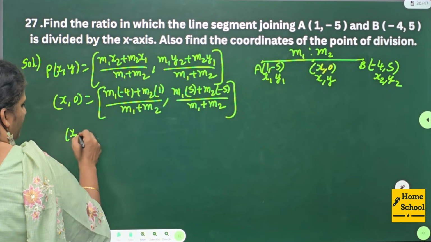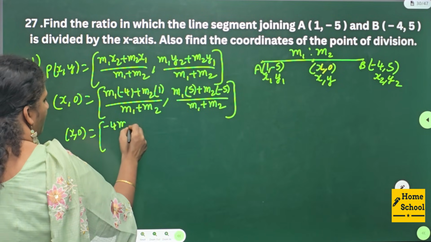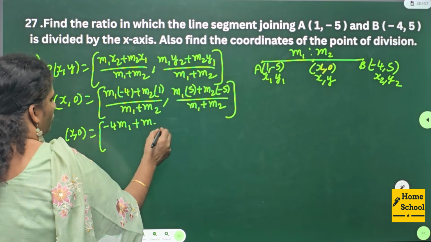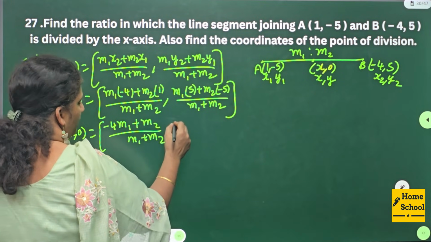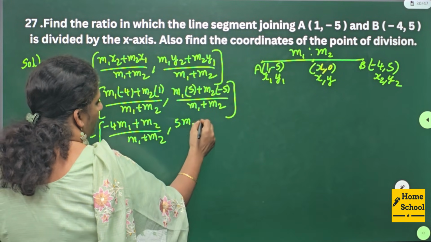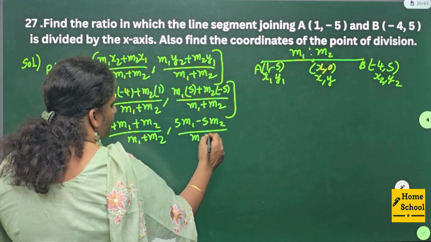X, 0 equal to minus 4 m1 plus m2 by m1 plus m2, comma 5m1 minus 5m2 by m1 plus m2.